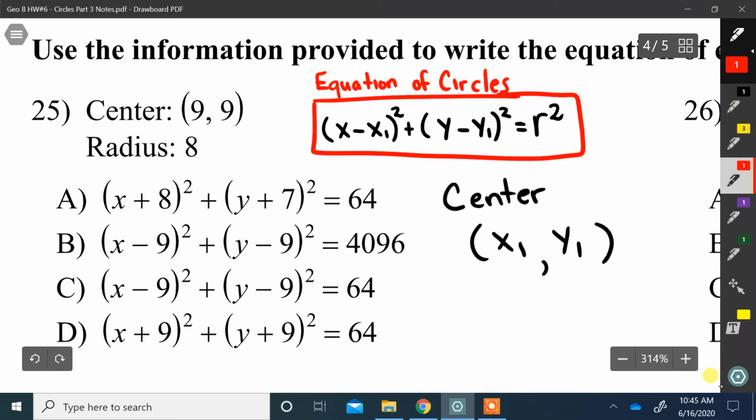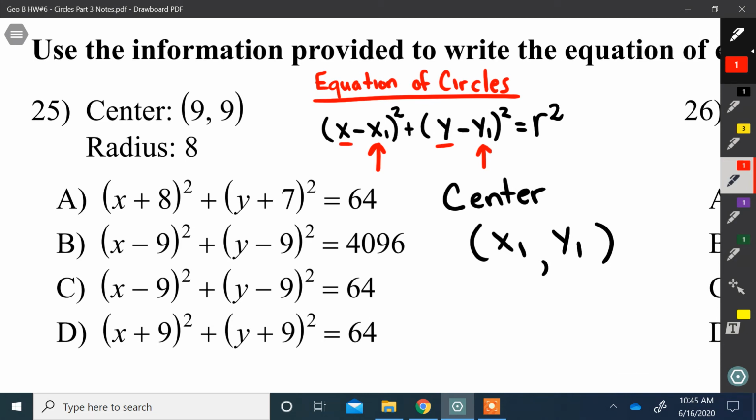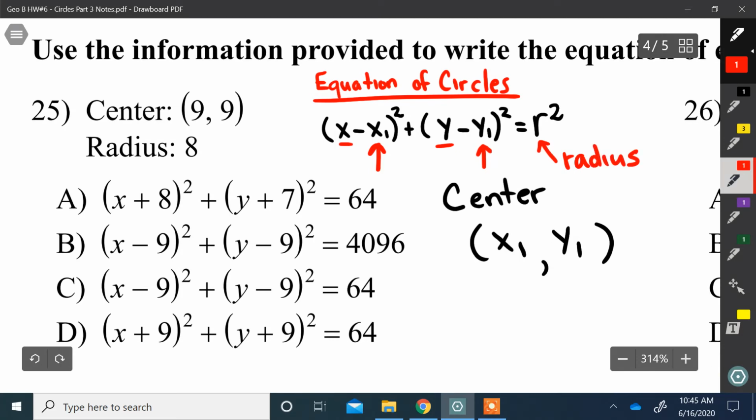Guess what? That x1 is that one right there. And that y1 is that one right there. This never changes. That's part of the equation. And then the r is the radius.